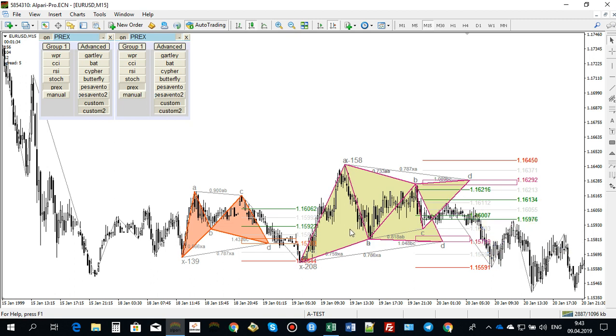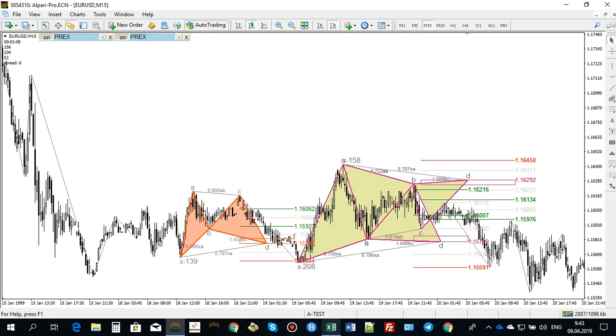What else you can do? So you see these coincide with these patterns because they are identical ratios. What you can do, you can attach up to 5 indicators here, and totally you will have 1, 2, 3, 4, 5, 6, 7, 8, 9, 10 custom patterns at the same time running, you see.